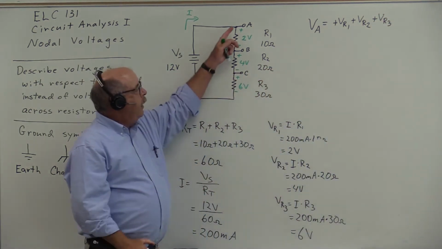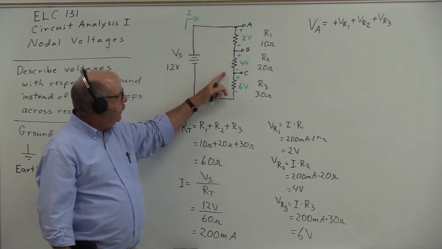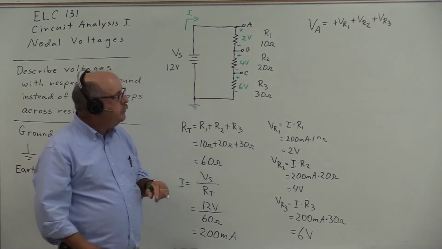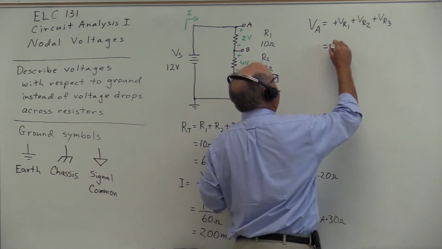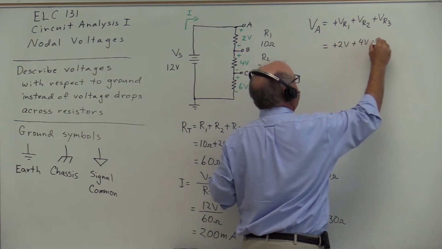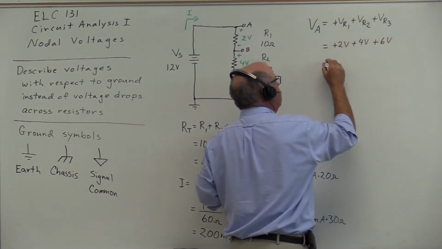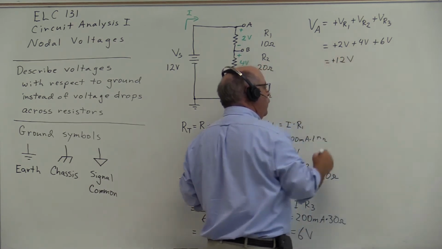Going from A to ground, we have a drop in voltage, a drop in voltage, and a drop in voltage. So the voltage at node A with respect to ground will be 2 volts plus 4 volts plus 6 volts, or 12 volts. And I'll put a plus sign here.